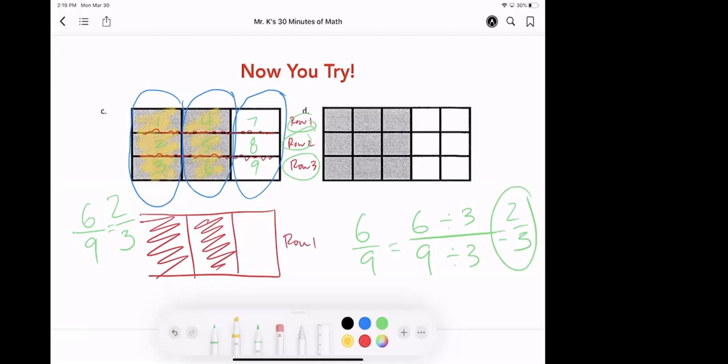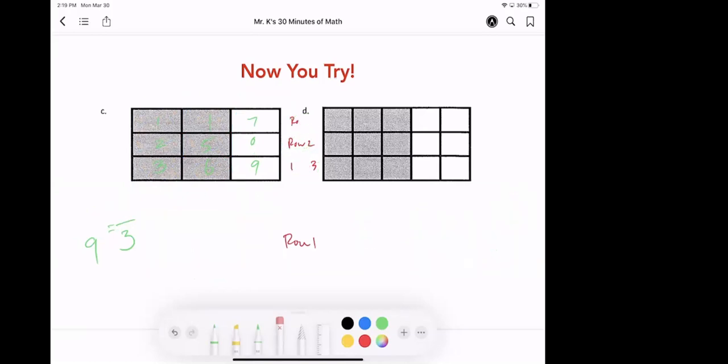All right, let's do D as well. Let me erase all of this. Okay, almost there. Okay, so D, we started with how many pieces?